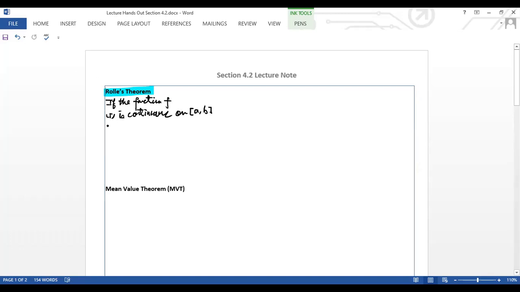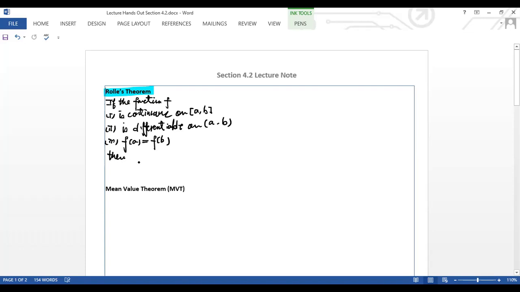The second condition is that this function is differentiable on the open interval (a, b). Then the third one is that we have the two endpoints f(a) equal to f(b).